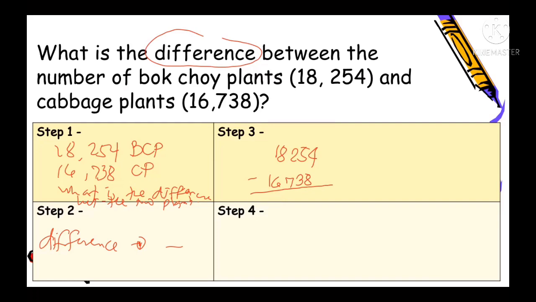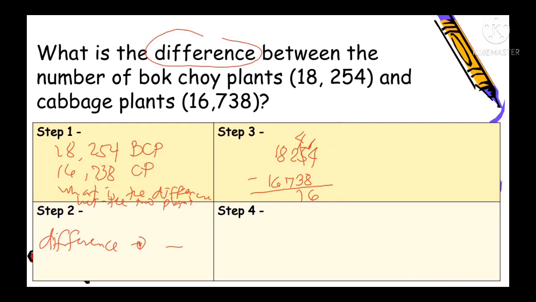Cannot. So what are we gonna do? We will borrow from 5. Very good. So 5 will become 4, and 4 will become 14. Correct? So what is 14 minus 8 now? 14 minus 8 is 6. Good. 4 minus 3, 1. Good job. 2 minus 7?